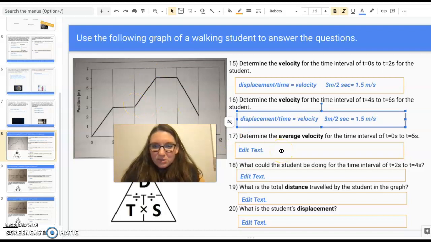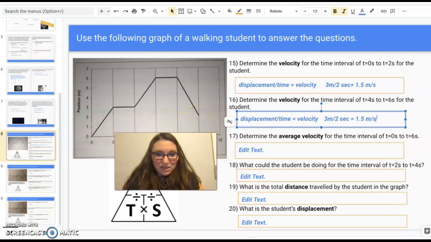Okay, so determine the average velocity for the time interval of t equals 0 seconds to t equals 6 seconds. Okay, so with velocity, again, we're looking at displacement, so we don't have to do each one of these calculations. We just need to see from there to there, what was the average velocity? Like what was the speed there?